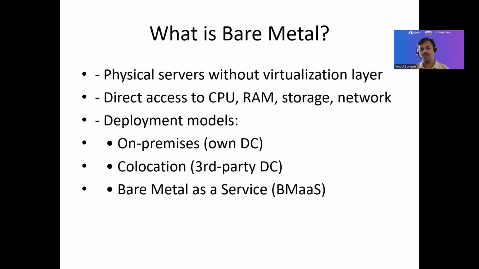Co-location, which is of course a third-party data center, which is going to be maybe any data center provider or any company who provides the specific capacity or specific racking and stacking and allocation of systems altogether in their respective data center. But it also gives us direct access to CPUs, RAM, storage, and networking on those respective physical servers, not the virtualized one, right?